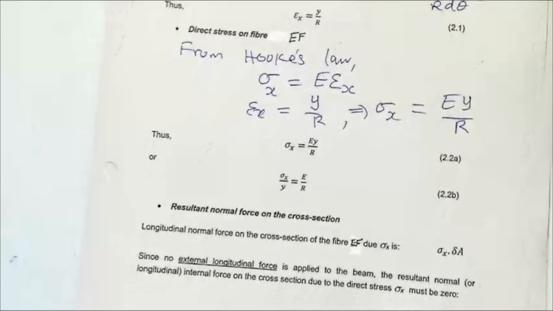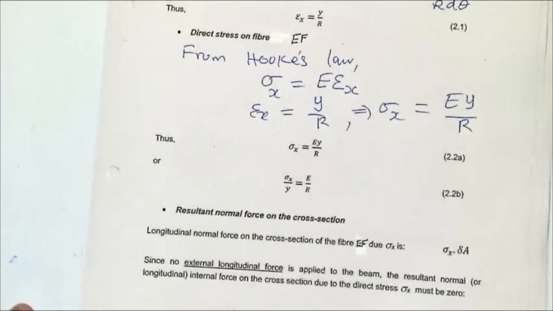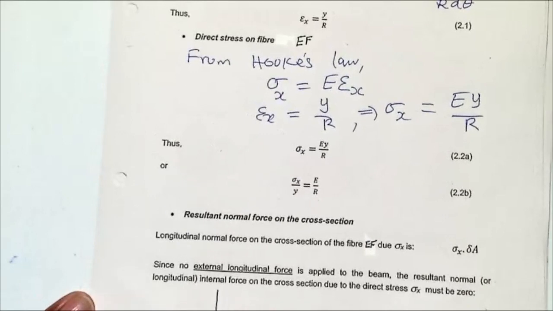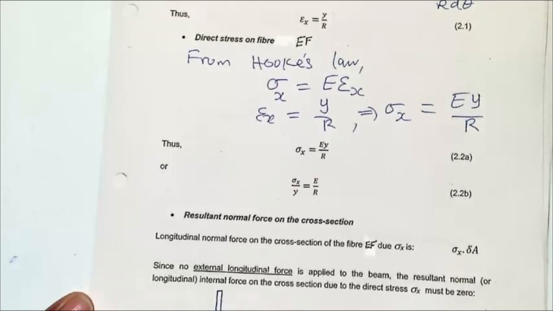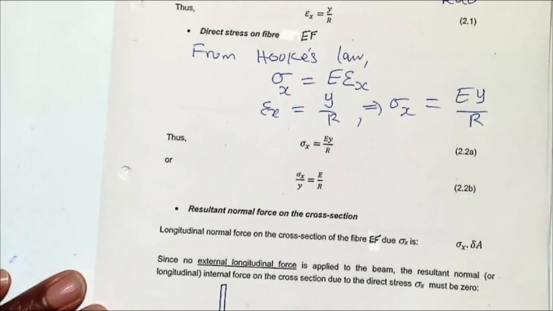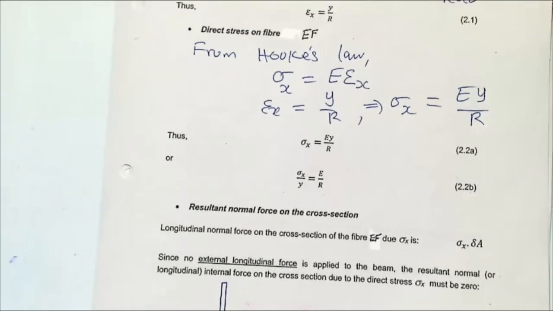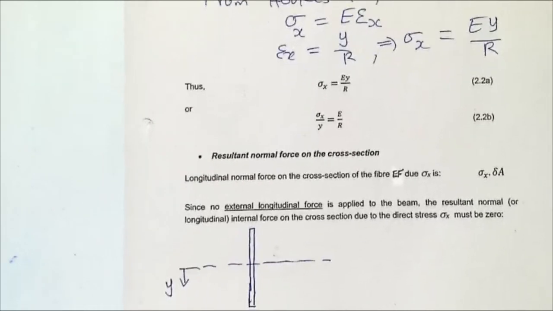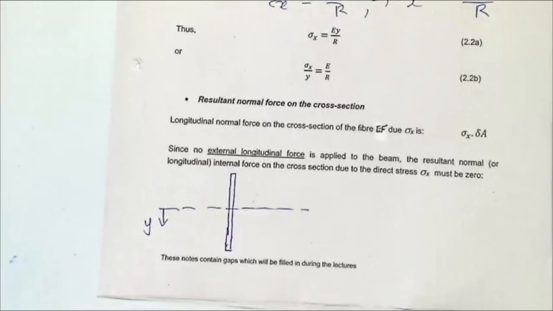I'm going to draw a typical cross-section, going from the top of the beam right to the base. My neutral axis is somewhere there, and my y is measured positive downwards like that.